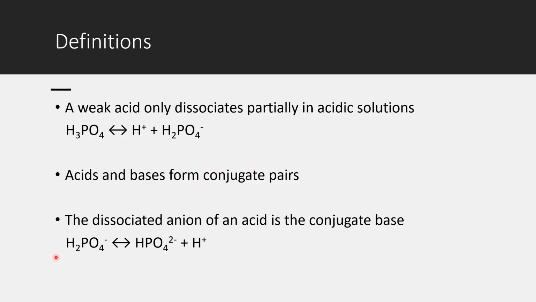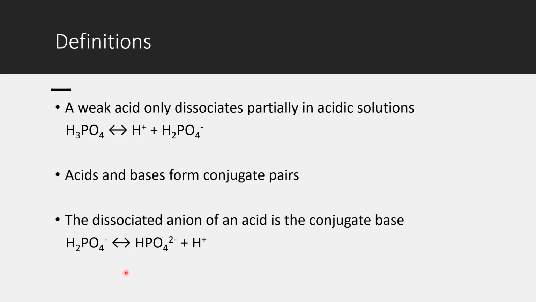Another example of a weak acid is H2PO4, which is able to dissociate in solution to produce HPO4 and a hydrogen ion. You will notice that the reaction is reversible, in which the reaction can either go forward or backward, depending on the nature or the pH of the solution.